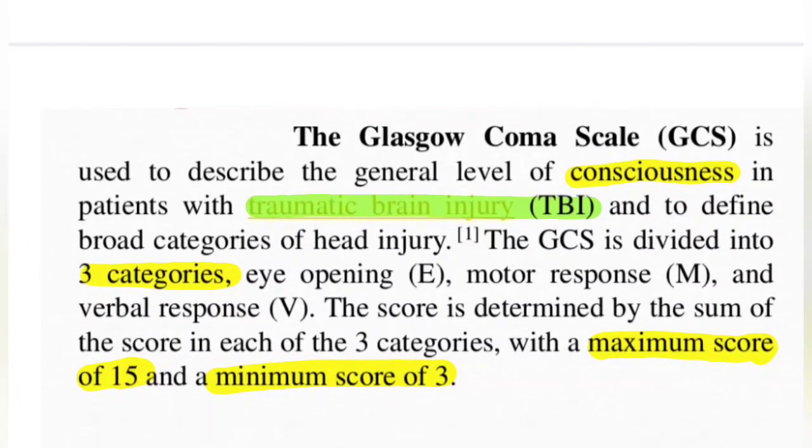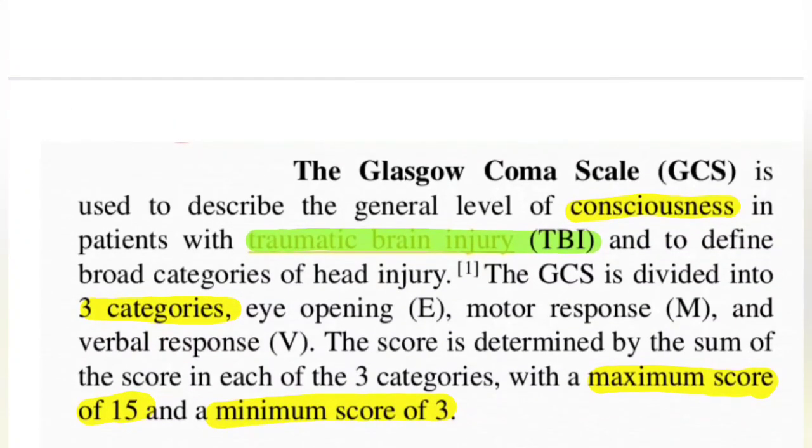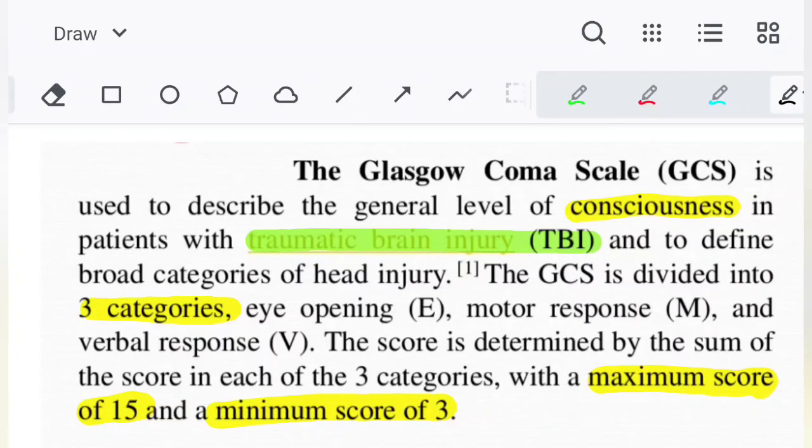Glasgow's Coma Scale is actually used to describe the general level of consciousness. Mostly it is used in traumatic brain injury patients so as to diagnose the level of consciousness in the patients.